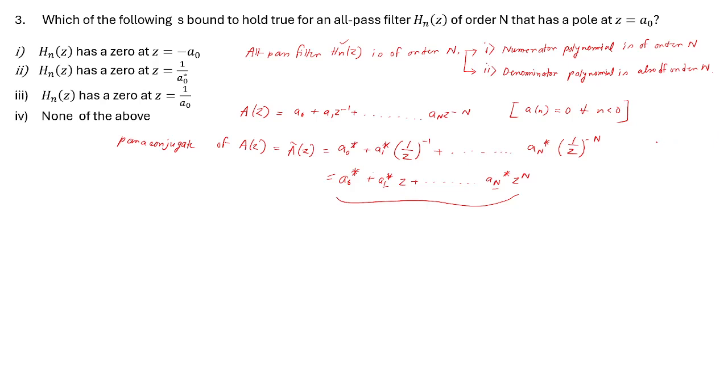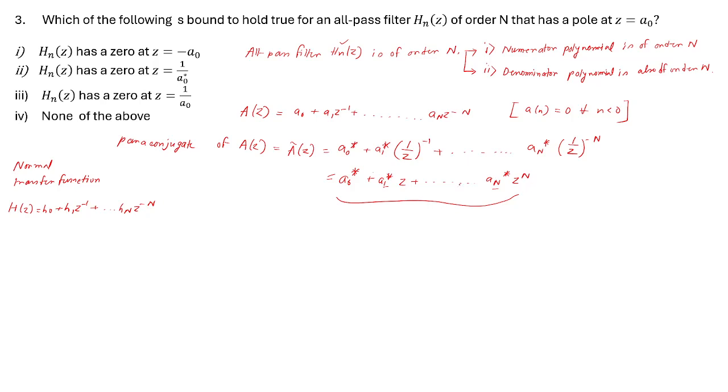Because if you compare with the normal transfer function, how do you write? You write A of z is equal to h naught plus h1 of z inverse plus up to hn of z to the minus n for nth order filter, right? So this n corresponds to nth time index, positive time index, whose coefficients are z to the power minus n.